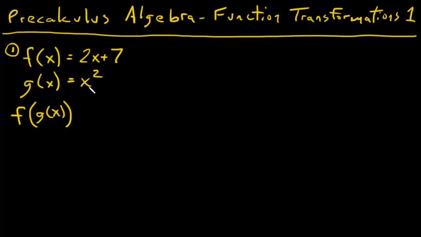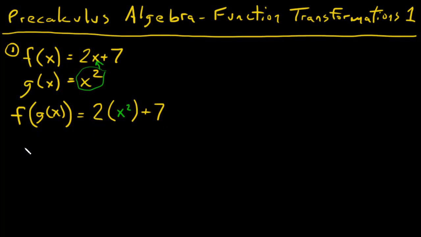So I know I'm going to take whatever my g of x is, this value right here, and I'm going to substitute that in for every x that's in my f of x. So with that in mind, I'm going to get f of g of x is going to be 2 times x squared plus 7. I just replaced that x with the x squared of g of x.